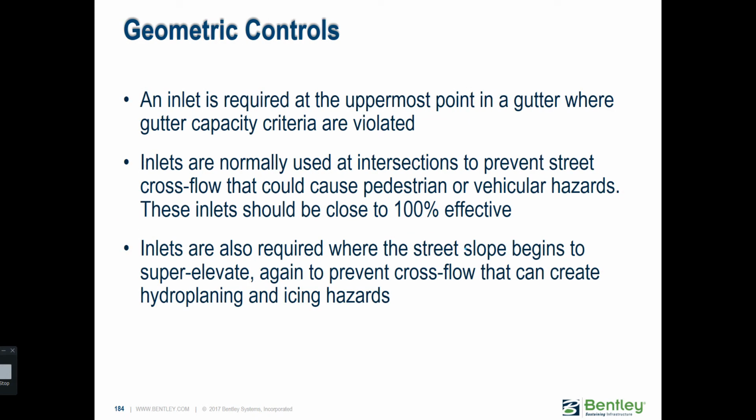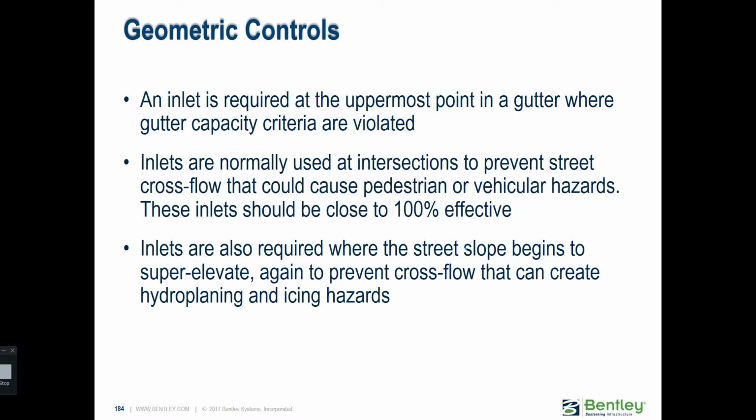Well, the geometric controls: you have to have an inlet at the uppermost point in a gutter if you are not complying with the gutter capacity criteria that you need to be meeting, like I just specified, the gutter spread.